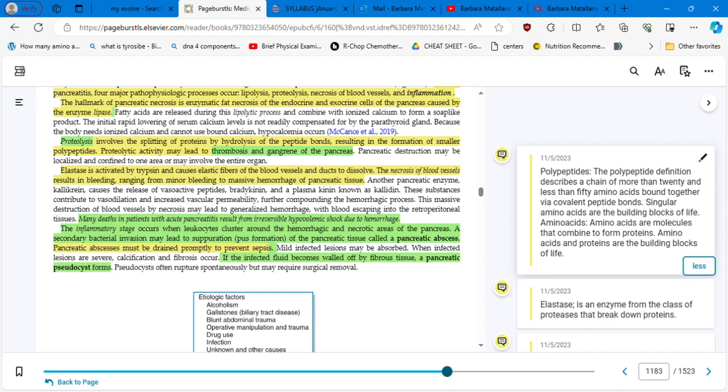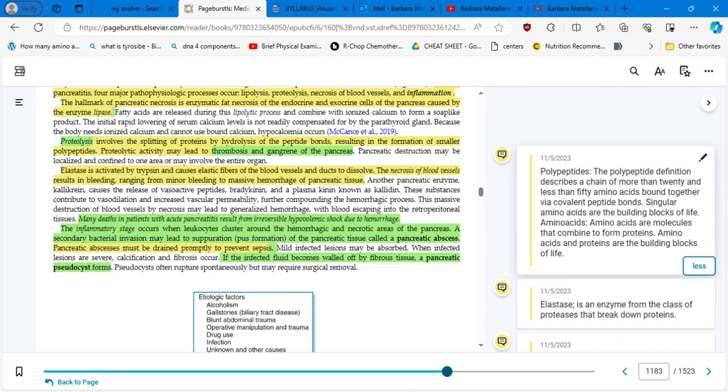These are molecules that combine to form proteins. When amino acids come together, they form a protein, and they are the building blocks of life. So these amino acids are going to become more than 20 and less than 50 when they are coming from the source of the polypeptides.